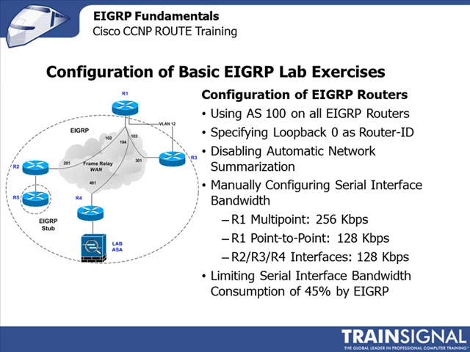But we're actually going to use 256 because that's the bandwidth times the number of links in the multi-point group. And then on each one of the spoke routers, we're going to use 128K because from their perspective as spoke routers, that's the way it'll be. And we're going to limit the serial interface bandwidth consumption to 45% use by EIGRP.